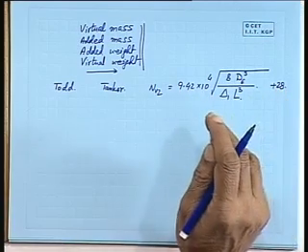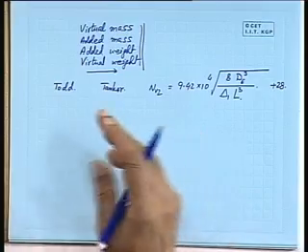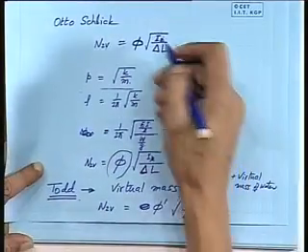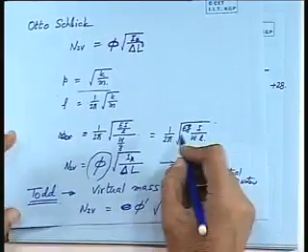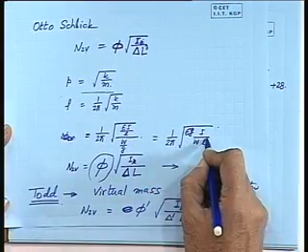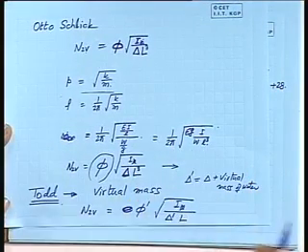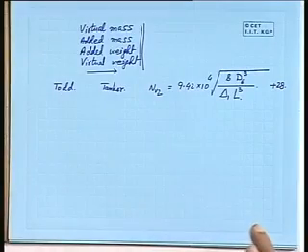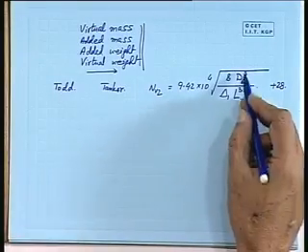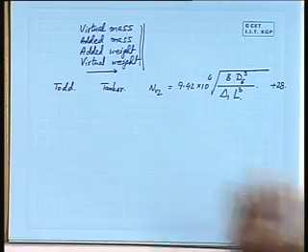Oh my god, I think I have made a mistake here. EI by L cube, this is K by M, this is L cube, and this also works out to be L cube, here EI by L cube.